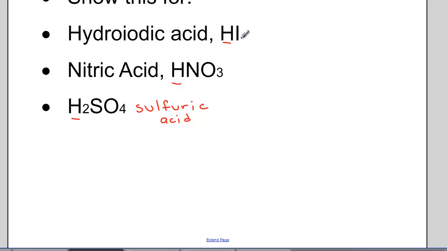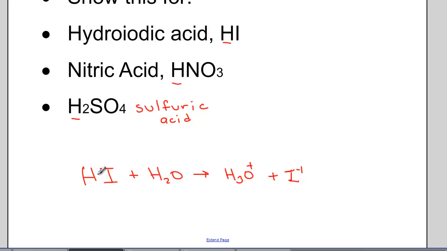Well, what would it look like if hydroiodic acid dissolved in water? We'd have HI, hydroiodic acid, going into some water, forming the hydronium or protonated water molecule and iodide, I-1, the aqueous ion called iodide.